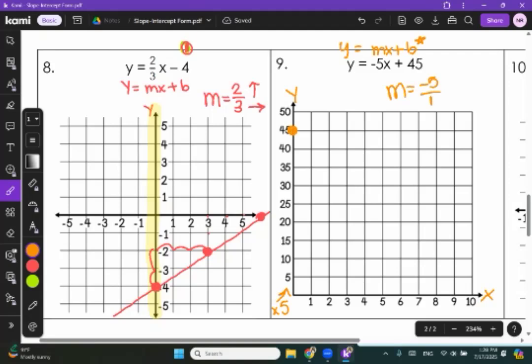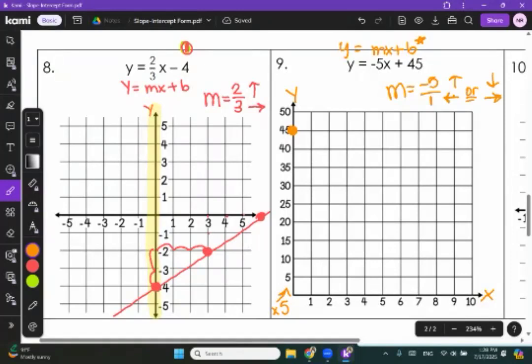Now, because of the negative, we're going to rise and we're going to run backwards, correct? Well, if I run backwards, I fall off the grid. So the opposite of going up would be down. The opposite of going to the left would be right.